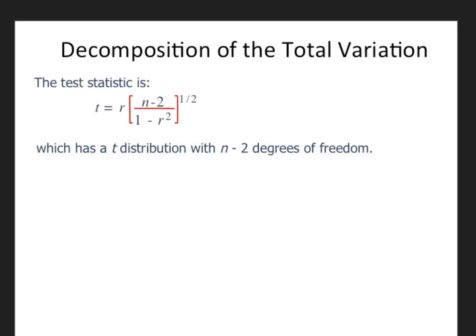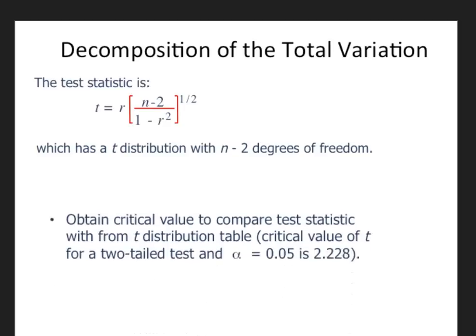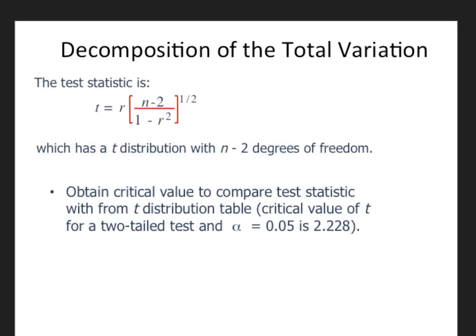It is a t-statistic, so it has a t-distribution with n-2 degrees of freedom. After computing the test statistic, we would obtain the critical value to compare the test statistic with from the t-distribution table. The critical value of t for a two-tailed test, an alpha level of 0.05, is 2.228. However, SPSS provides a quicker test, which we will examine in just a moment.